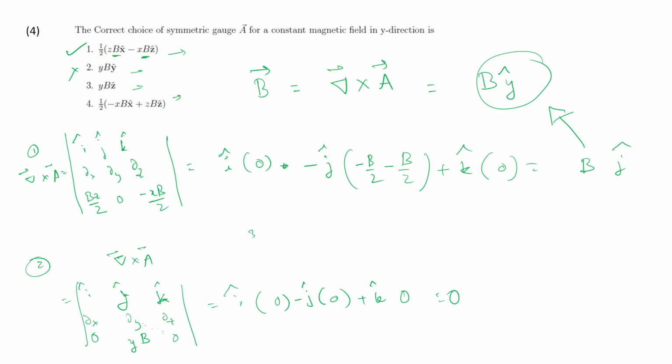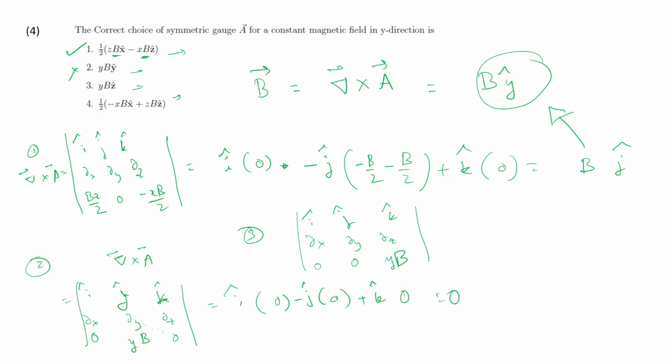Similarly, let us do the third one. It will be i cap, j cap, k cap, dou x, dou y, dou z, and it is yb along z cap, so 0, 0, and yb here.